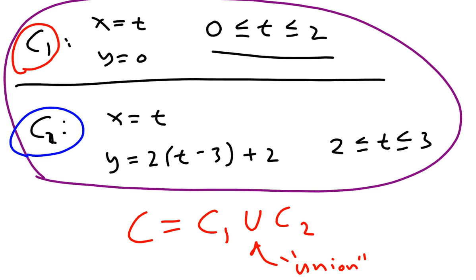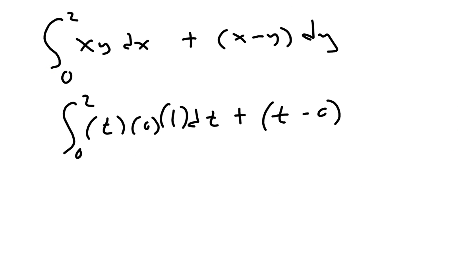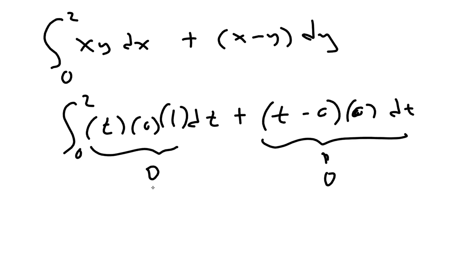So if I were to take dy/dt, I would get 0 dt. So what happens here? Well, this whole thing collapses to 0, just that product. And then this thing too collapses to 0. And therefore, you're integrating from 0 to 2, 0 dt, which is just 0.